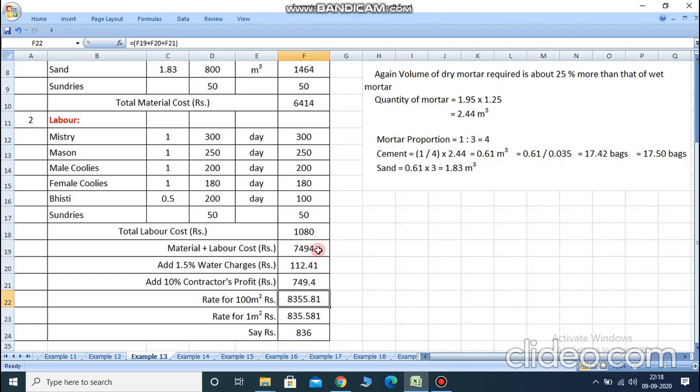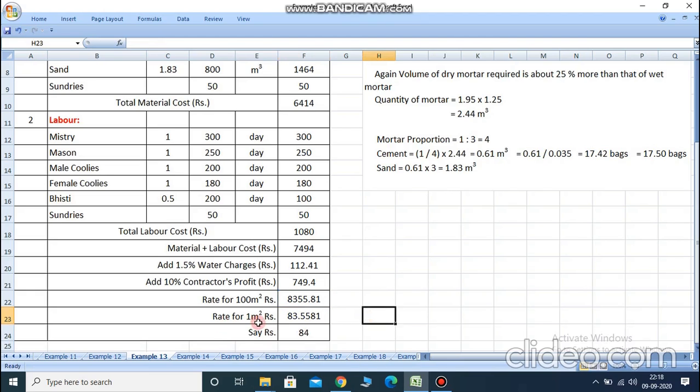The summation of 7494, 112.41 and 749.4 is 8355.81 rupees, the final answer for 100 meter square plaster work.